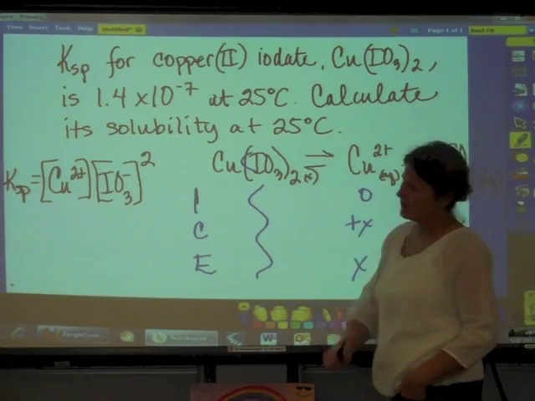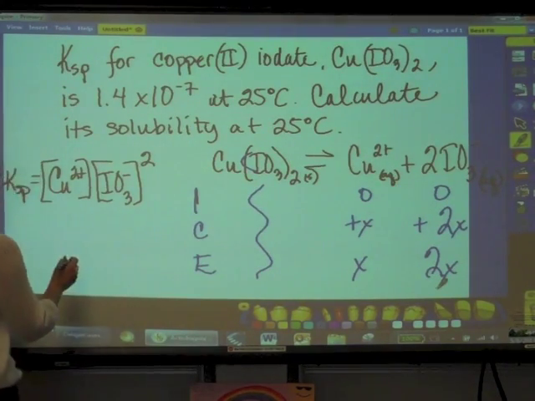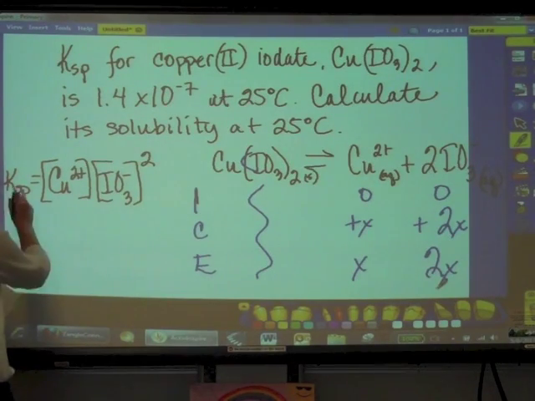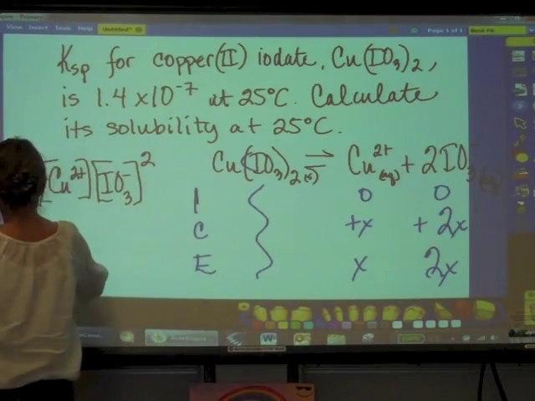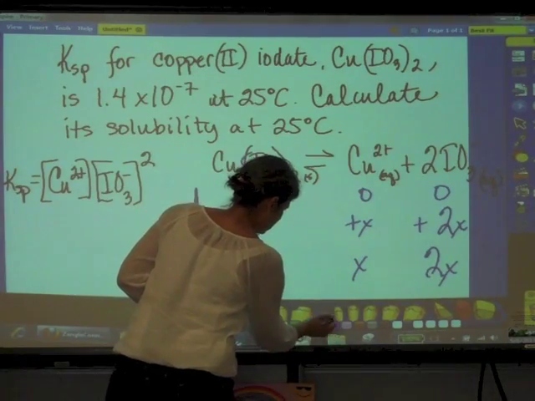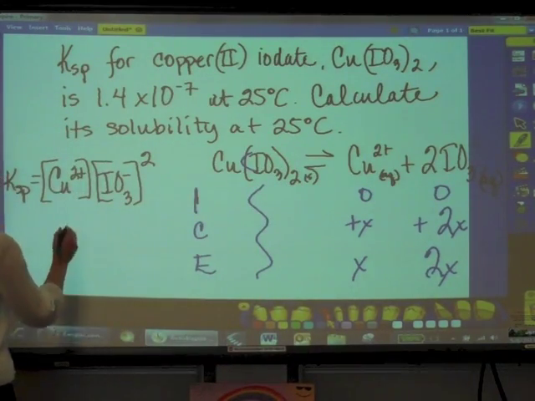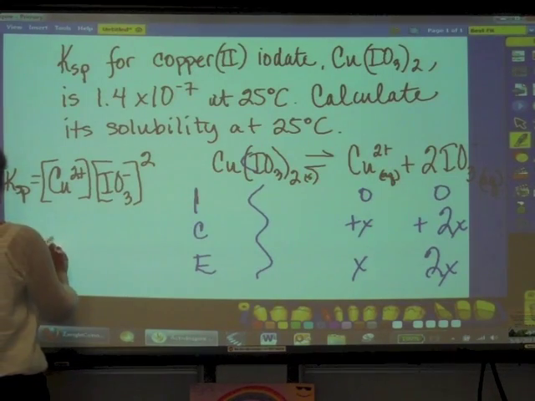So when I plug that into my equilibrium expression, I'm going to end up having, what's my Ksp? 1.4, sorry, this pen is a little bit tricky today. It's not going where I want it to go. So our Ksp is 1.4 times 10 to the minus 7th.